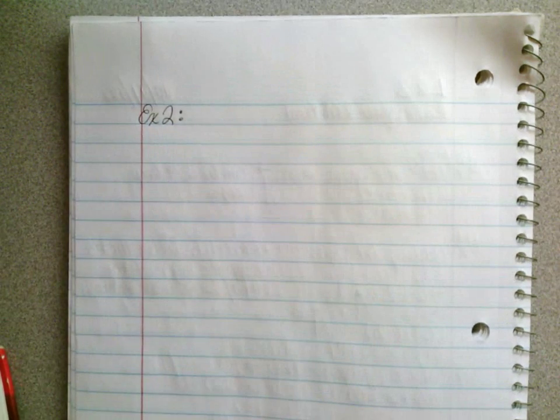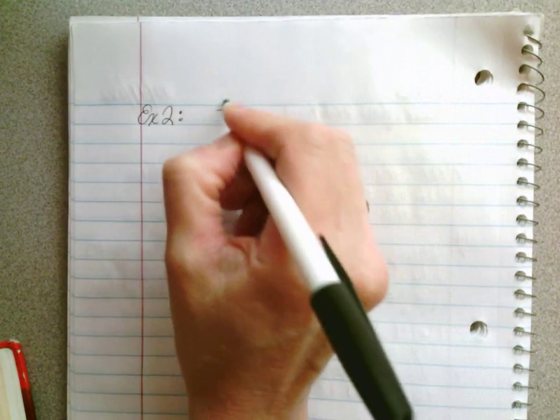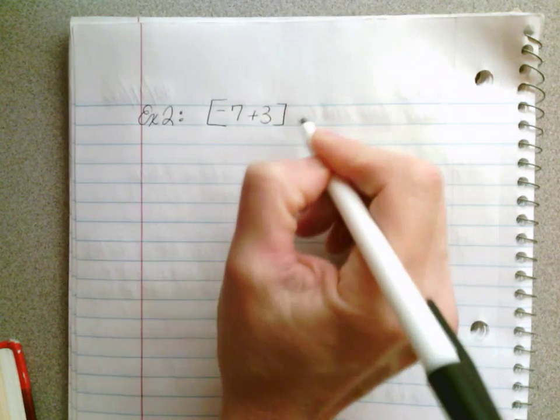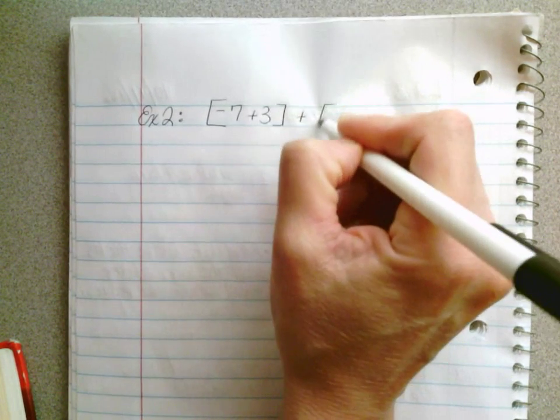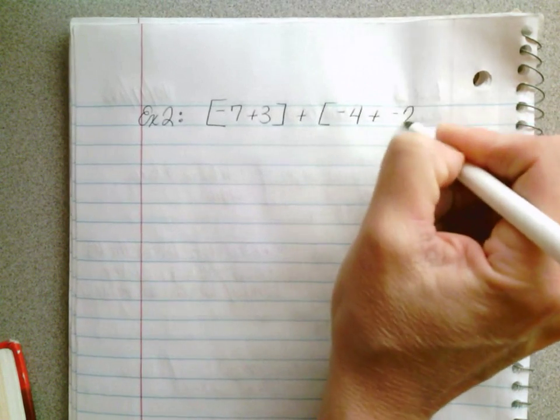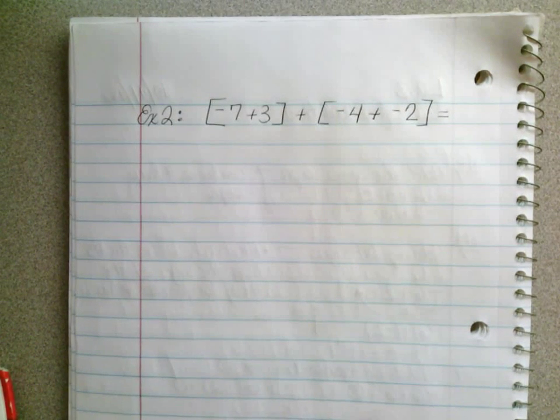Example 2. So these are mine, by the way. If you see negative 7 added to a 3, added to negative 4 and negative 2, most of you are right away going to say, well, the order of operations states that you have to do things in parentheses first.